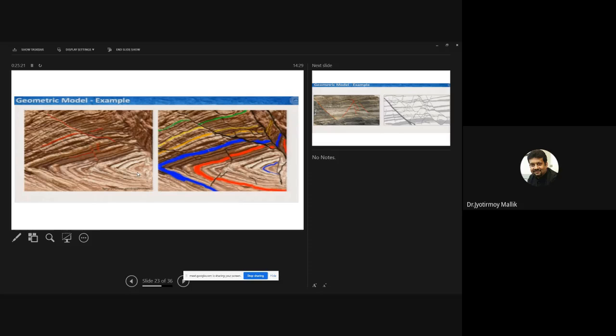Faulting means more like a regional thing. Okay, faulting or fracturing, you see some fractures. What else do you see? Are these layers horizontal? Sir, these layers are bending at a very sharp angle.